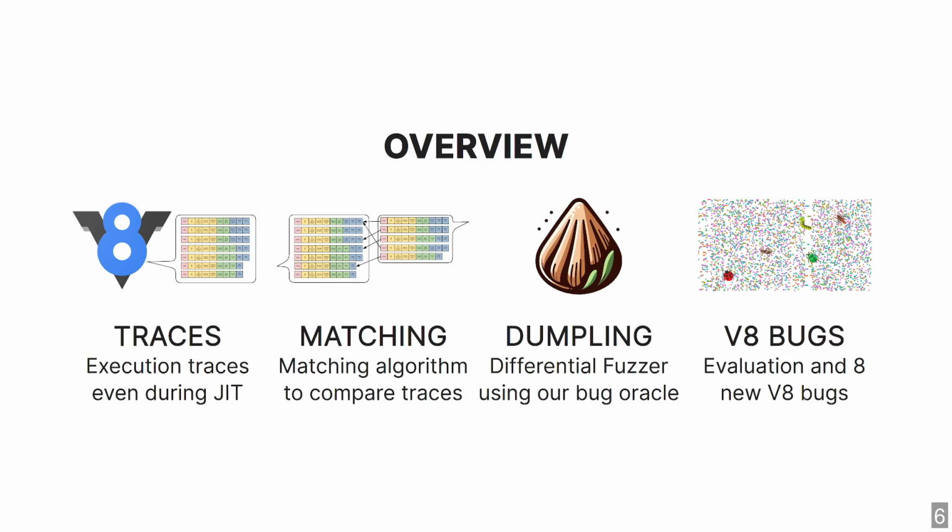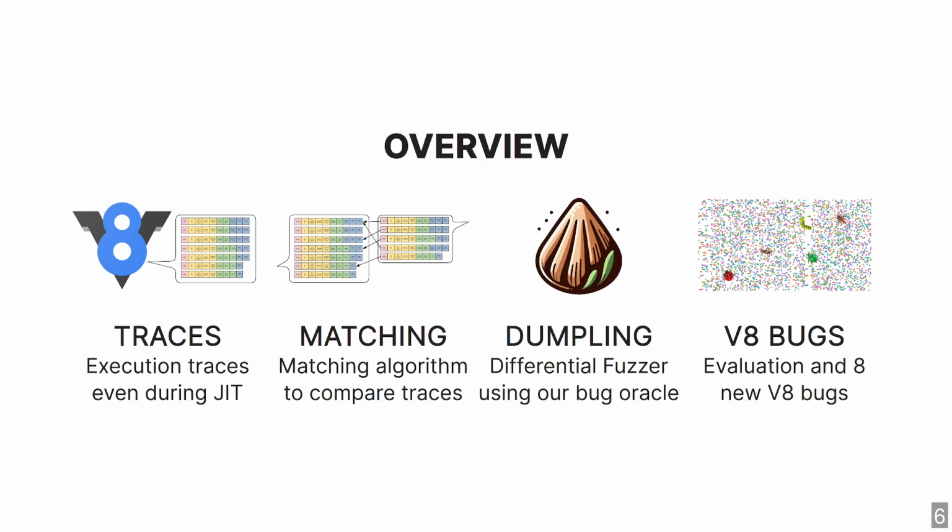Then we match these VM state traces together and compare them to find such differentials. With this, we obtain a differential bug oracle that we can integrate into a JavaScript engine fuzzer, such as Fuzzilli, which we did in our paper.